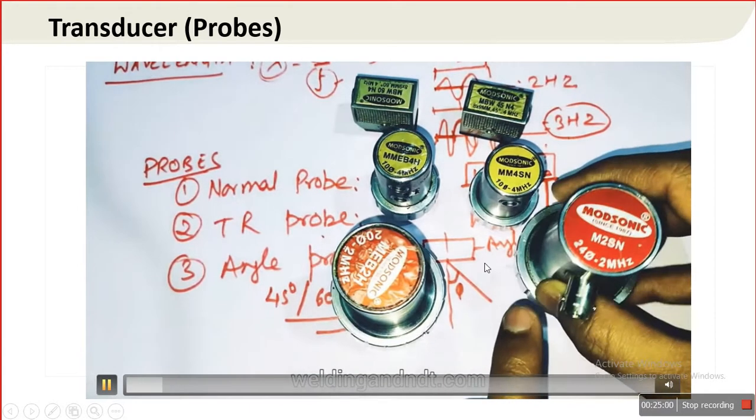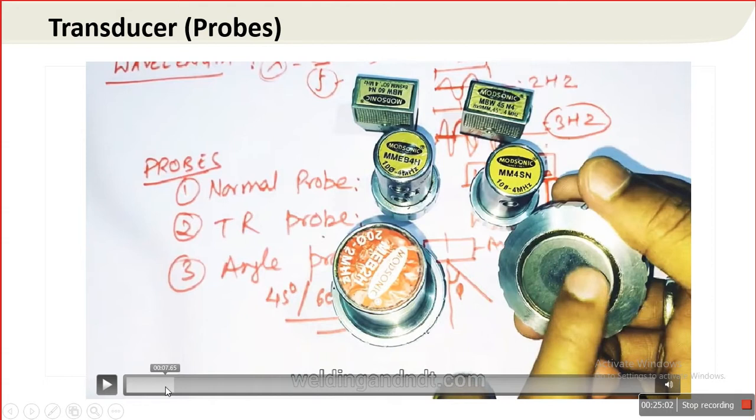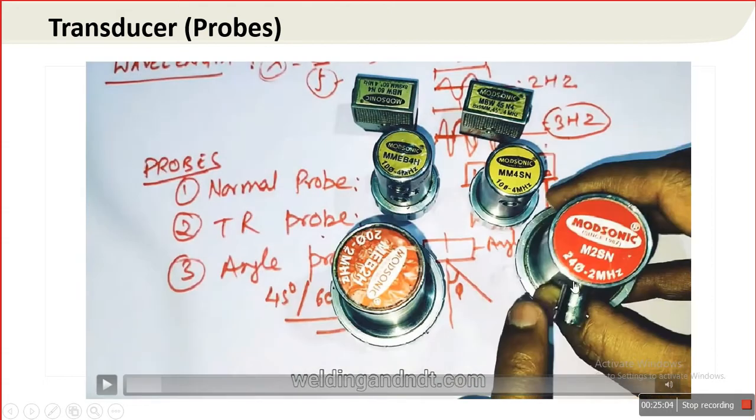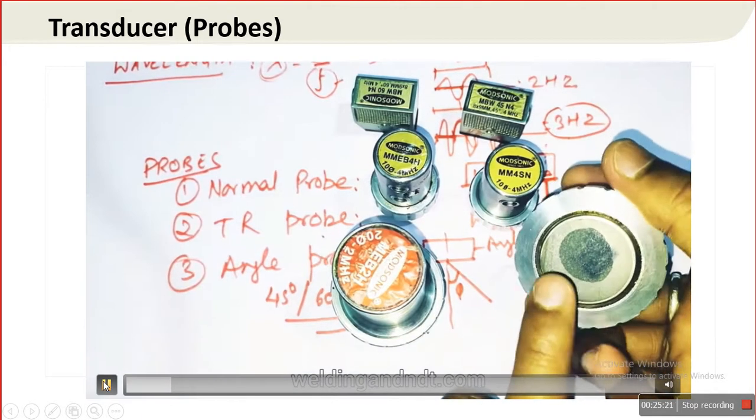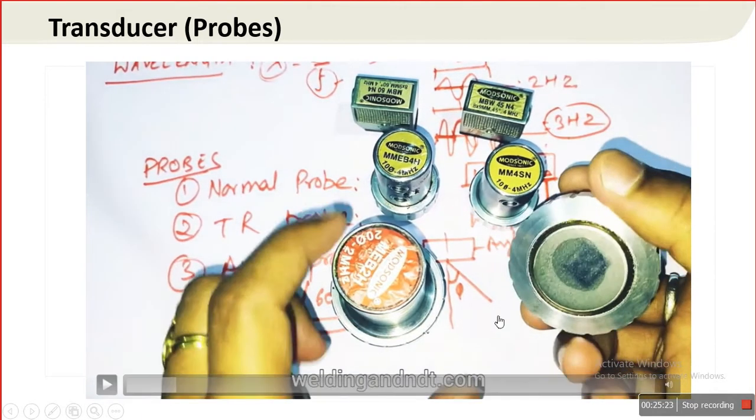See this probe, this is 24 in diameter and 2 megahertz is the frequency of this probe. This is a normal probe. If you see the bottom of this probe, you see here it is only one piezoelectric element.